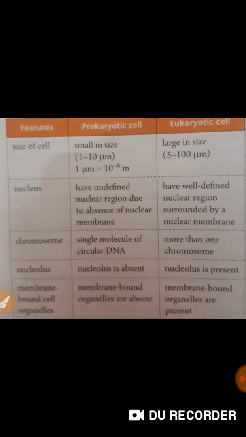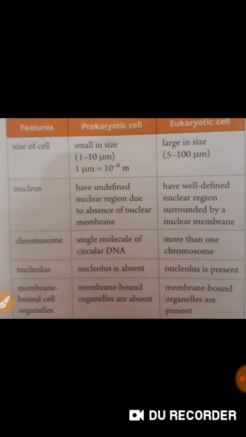These cells lack several cytoplasmic organelles like mitochondria, lysosome, endoplasmic reticulum, chloroplast, and nucleus. They lack membrane-bound organelles. Membrane-bound organelles, as we know, are mitochondria, lysosomes, endoplasmic reticulum, etc. Prokaryotic cells lack these cell organelles.